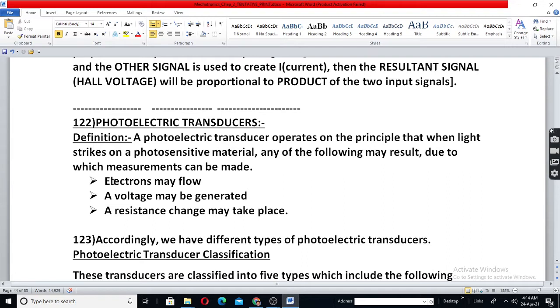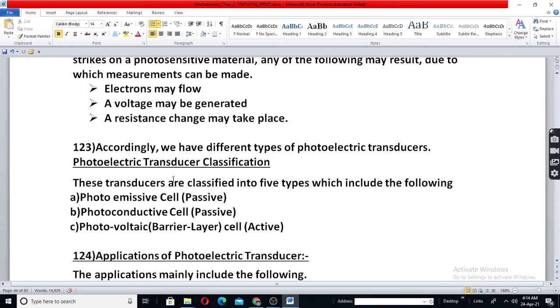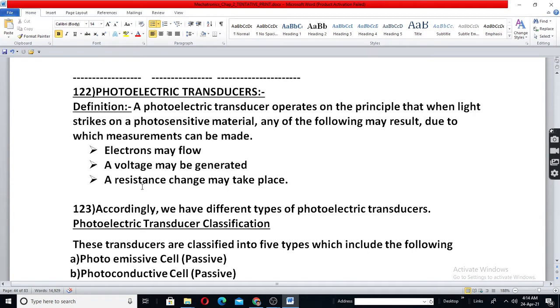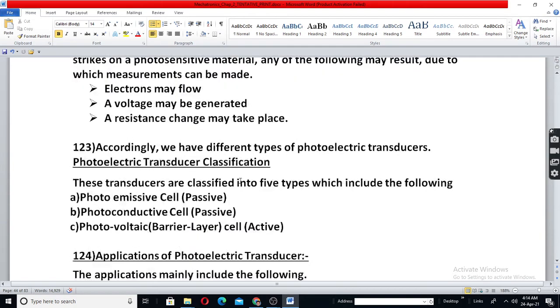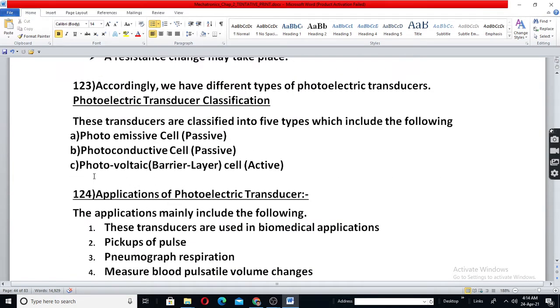If electrons may flow, means if current changes, we call that effect as photoemissive effect. Next, resistance changes, that is we call it as a photoconductive effect. Both are passive, means no voltage is generated.